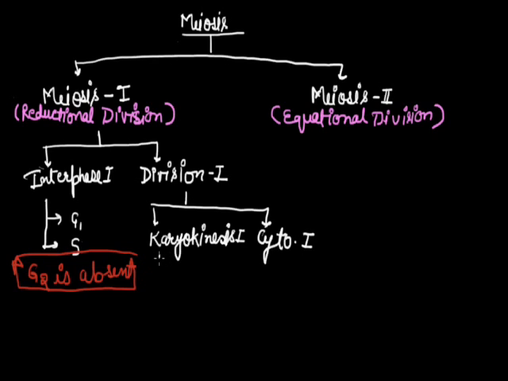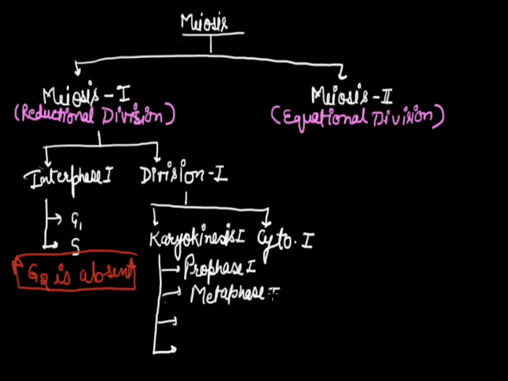Karyokinesis can be further divided into four substages, just like mitosis. These are prophase 1, then metaphase 1, then anaphase 1, and at the last telophase 1.